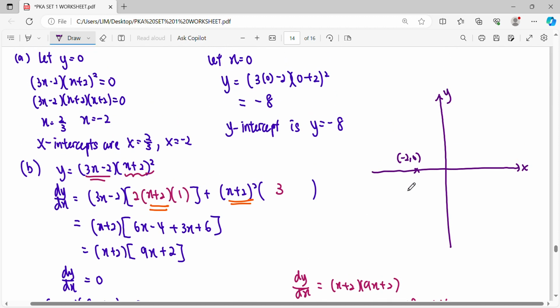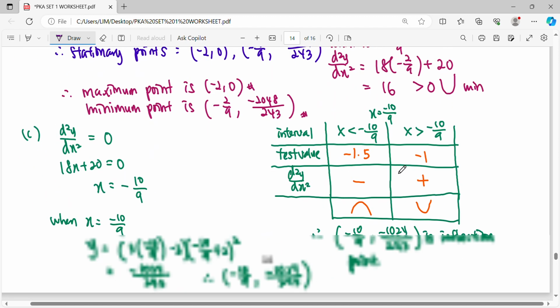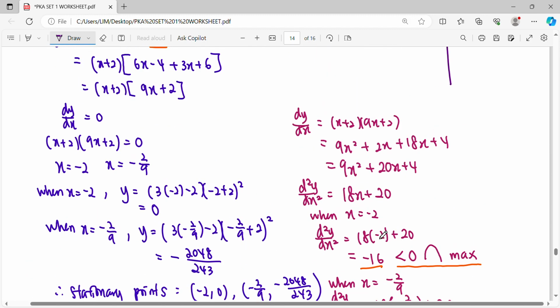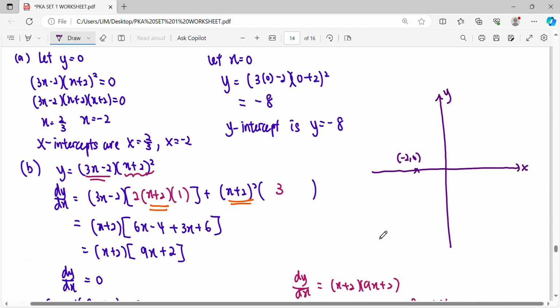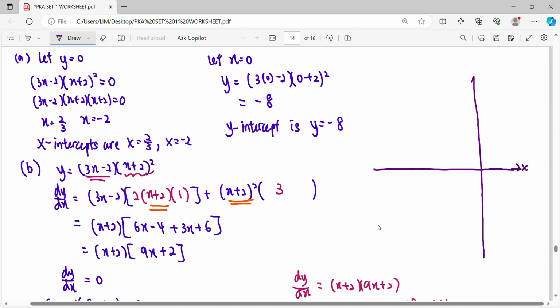At the same time, it is an x-intercept. Okay? So when you go for the inflection point, it falls at -10/9. All our points fall at the negative part, so I adjust a bit.